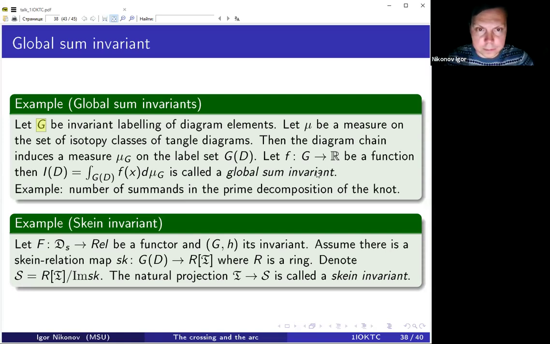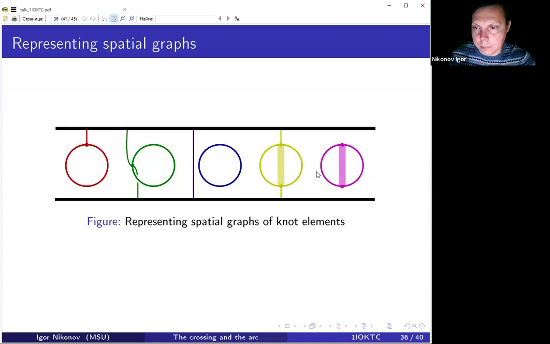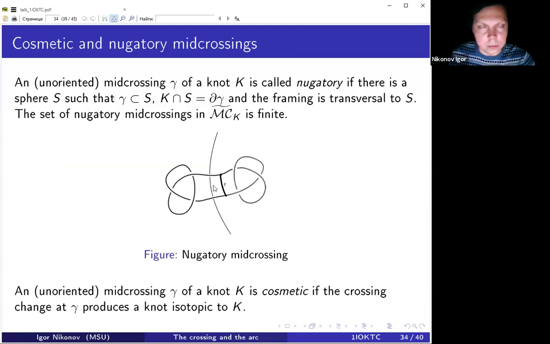For example, consider the following example with mid-crossings. We take the mid-crossing which corresponds to splitting of a knot into a connected sum.